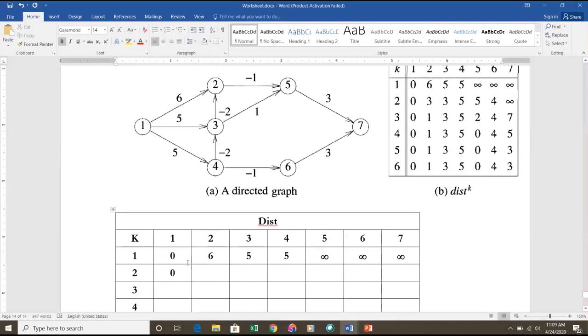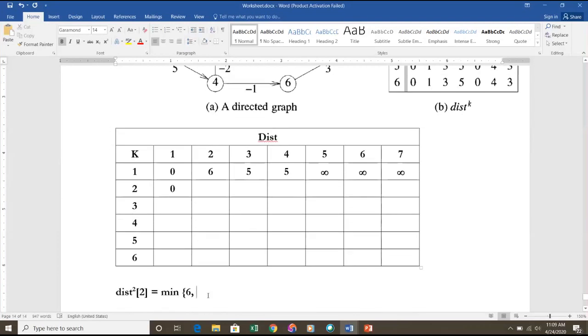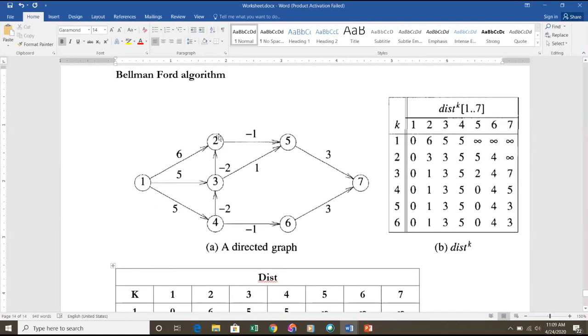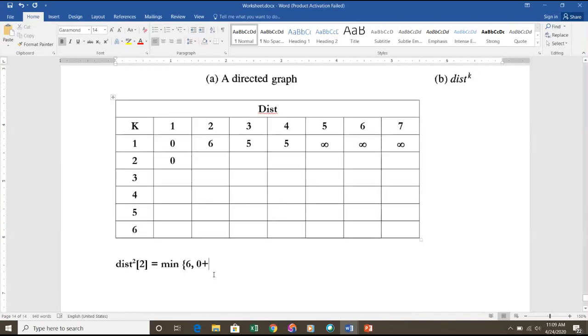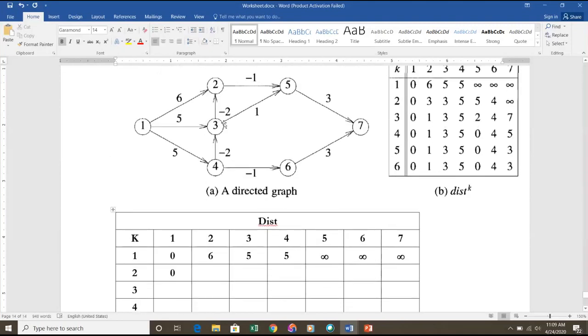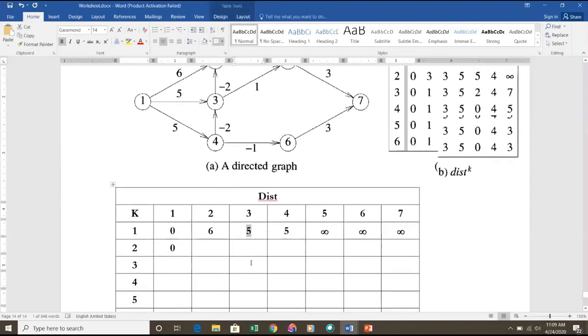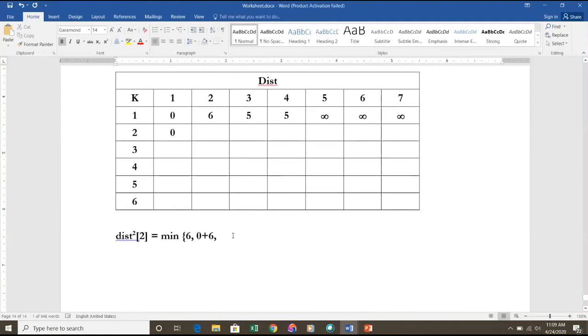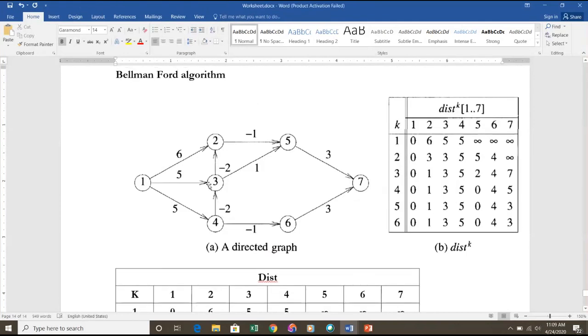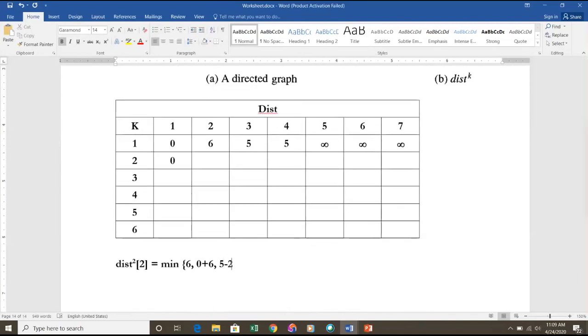What is the previous value of 1? It is 0. 0 plus the edge from 1 to 2, which is 6, comma. One more vertex from which there is an edge is 3. What is the previous value of 3? It is 5. Then from 3, the cost to 2 is minus 2. Out of these, the minimum is 3. So the value of this is 3.